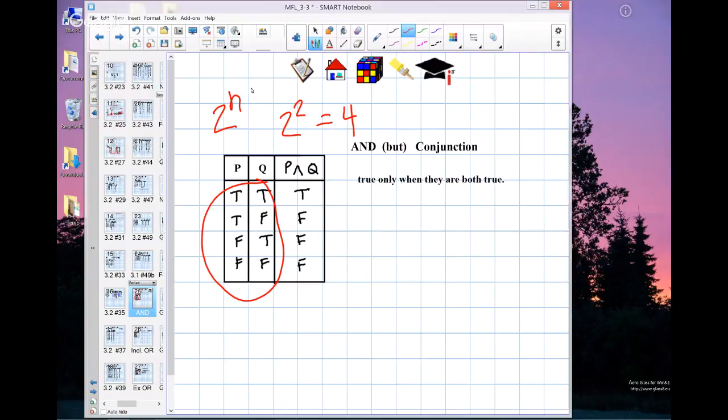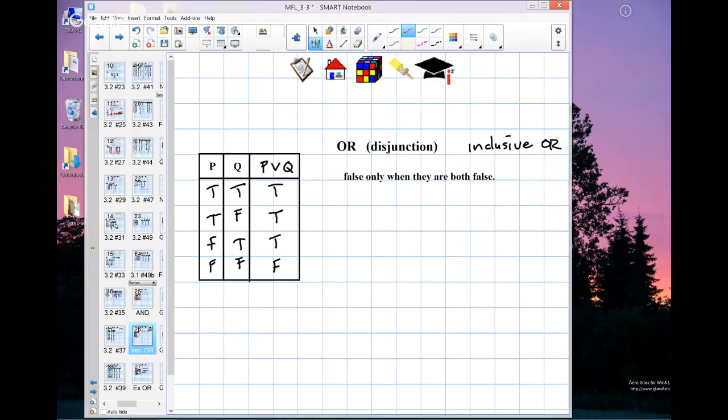Secondly, I started teaching you the rules, and the rule for and is true only when they're both true. The second rule was the inclusive or, the one with the big V, and that one was what? Only false when they're both false. So of the 4, the final answer column only has 1 that is false. You've been working on memorizing that, right?